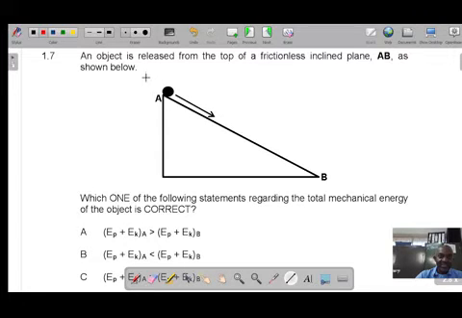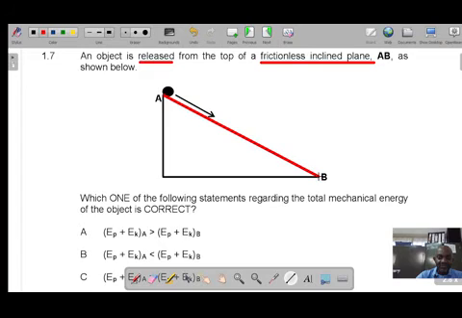They're saying the object is released, meaning V initial is 0, and then they're saying top of a frictionless inclined plane AB. That means along here, from A to B, there is no friction.